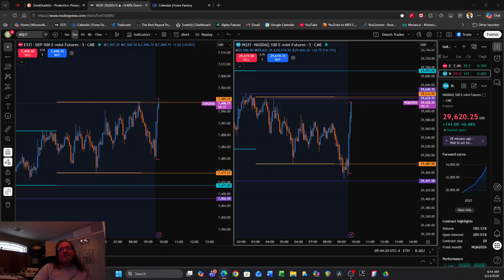All right, so we did make London highs and all time on S&P. Nasdaq a little lagged on that, but very likely to hit it. Looks like we've already got this hourly marker that it's hit. We've just got to wait for it to clear here, and then we'll see if we have something else going on there.